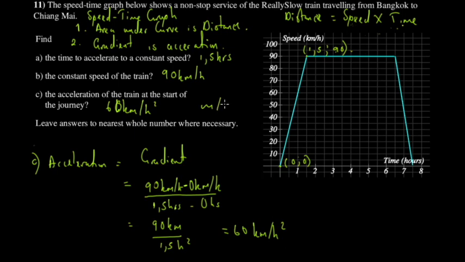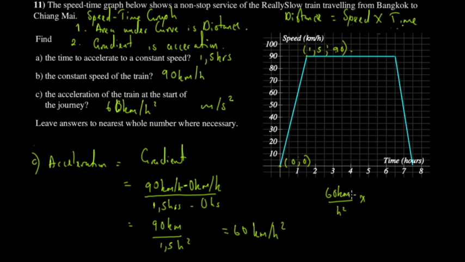But you can change this to the usual unit for acceleration, which is meters per second squared. This is how you do it. I always encourage you to write the units in fraction form when converting.